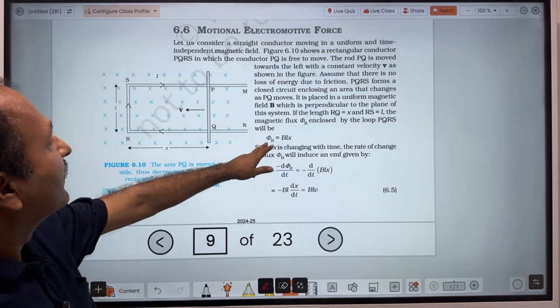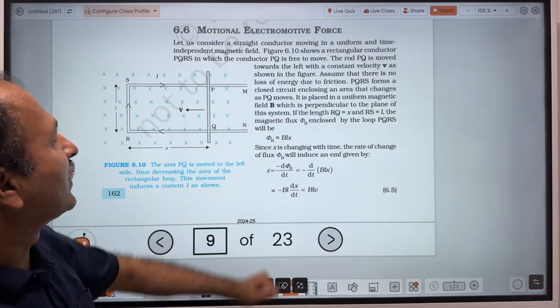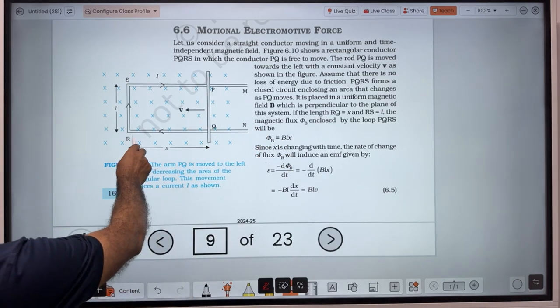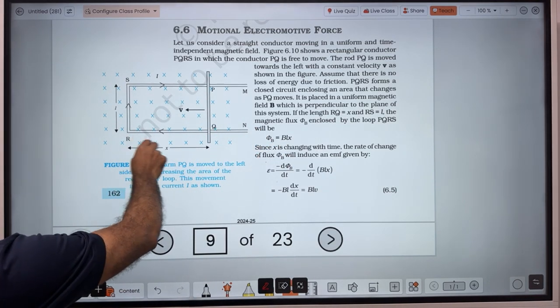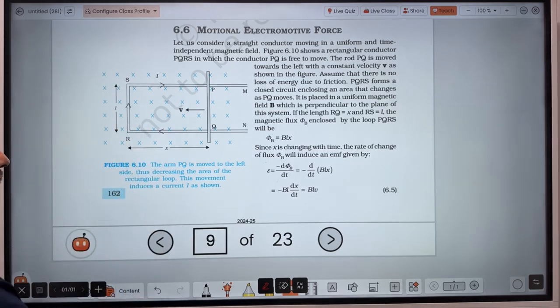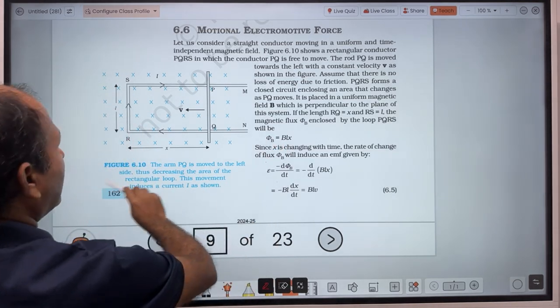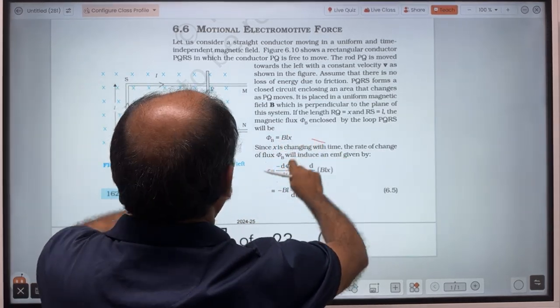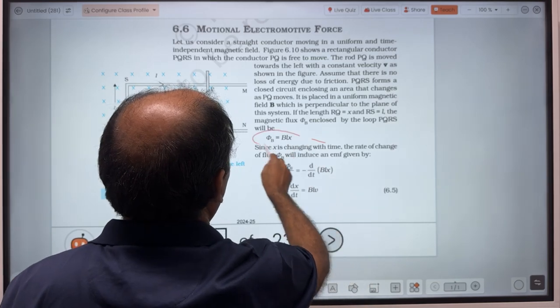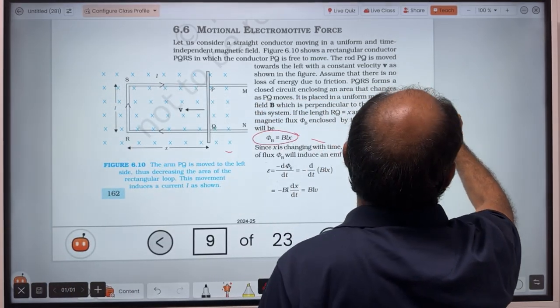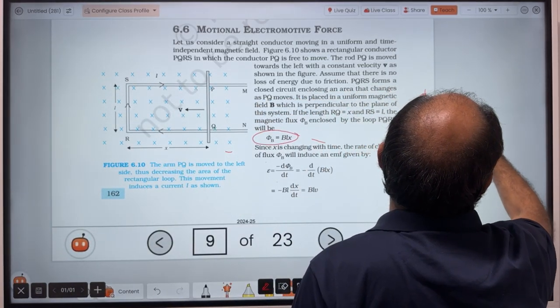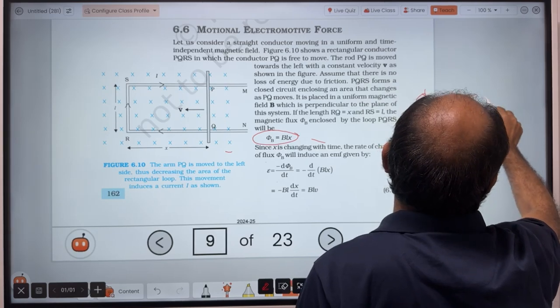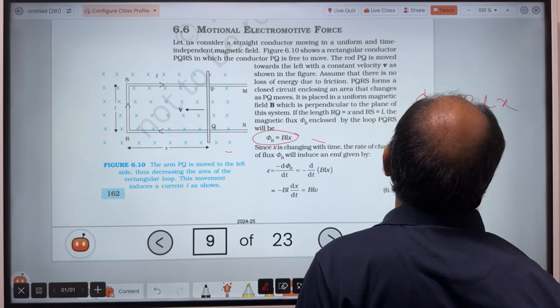So here we just write B into A. The area in this case, this is the length, this is the width. So Lx. So we just write phi equal to BLx. Is it clear? Phi B equal to BA, we are applying here, A is Lx.